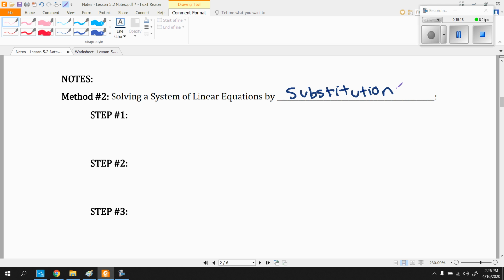No graphing, which I think for a lot of us, we're like, yes, finally. Maybe we'll hold off on that because we'll see how this goes, and maybe you'll like this one better, maybe not. So it's just an alternative method for solving a system.